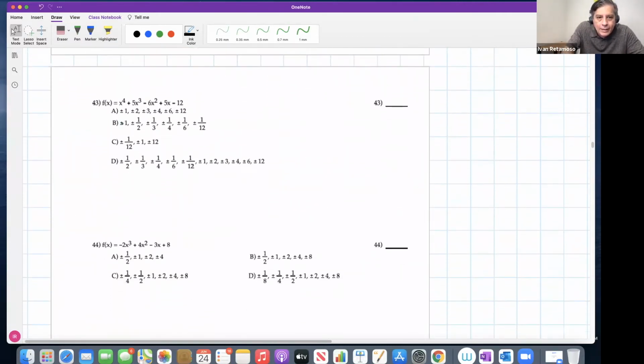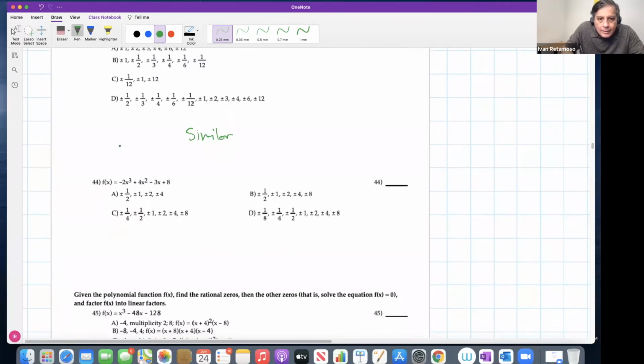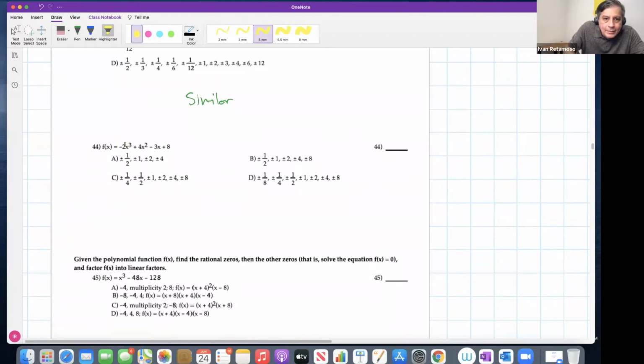Here is another one. For the sake of variety, this is going to be similar, because it has one here, but this one should be interesting to do. Notice the leading term is -2 and the constant term is 8. So the possible rational zeros of this polynomial function will be divisors of 8 on the top, so plus minus 1, plus minus 2, plus minus 4, and plus minus 8, divided by divisors of this guy on the bottom.